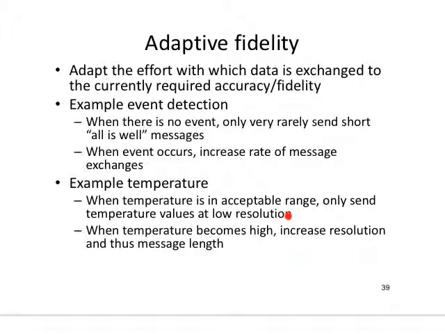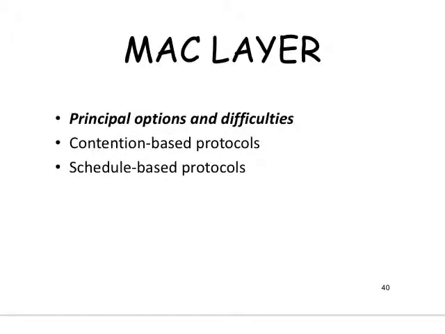So only if the temperature becomes higher than a certain threshold, or increases by an increment above, let's say 5 degrees or 3 degrees or something, then and only then you can send the temperature with maybe high frequency, or a higher number of messages can be exchanged between the sensors. So this way I can perform what they call adaptive fidelity, or I can adapt myself to the environment or to the application context.